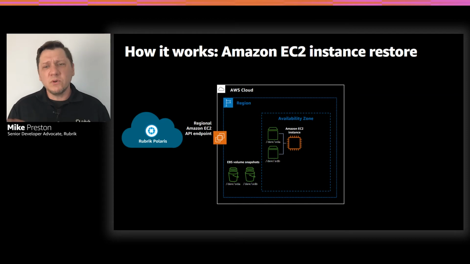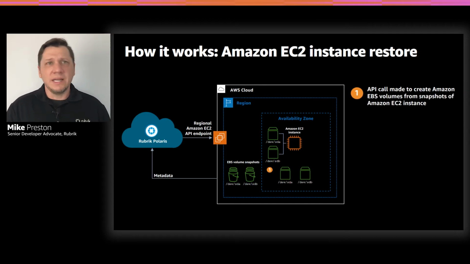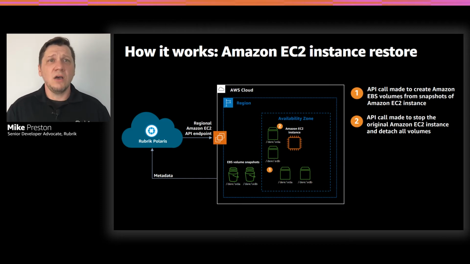So the first thing we're going to do is look at that point in time that you selected within Rubrik Polaris, and we'll issue the commands to take those snapshots and turn them into EBS volumes. Then we'll simply issue the command to the production EC2 instance to shut it down and detach the volumes that we're processing here.